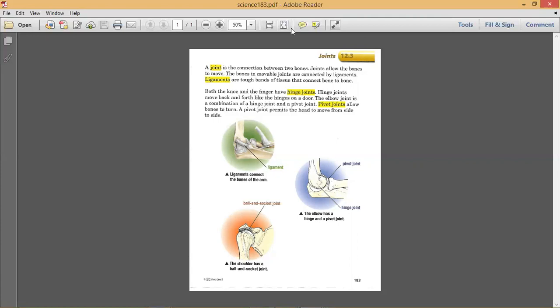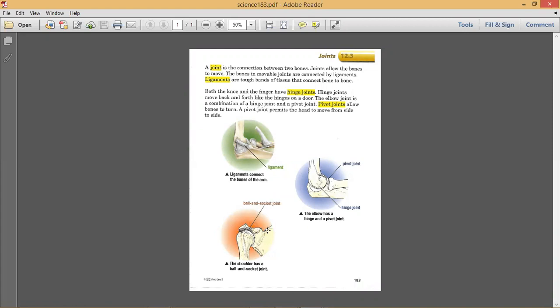Now let me show you the next page. Sorry, it's not in the next page, it's here. So this is the ball and socket joint, okay? So look at this bone, it has a rounded end and it fits exactly to this socket or the cup shaped part of the other bone.